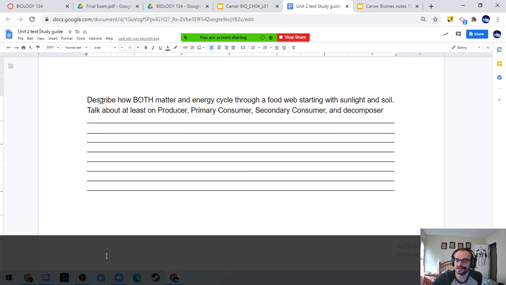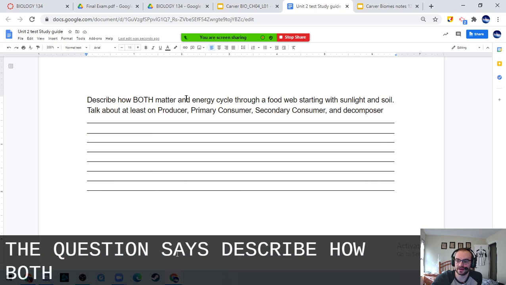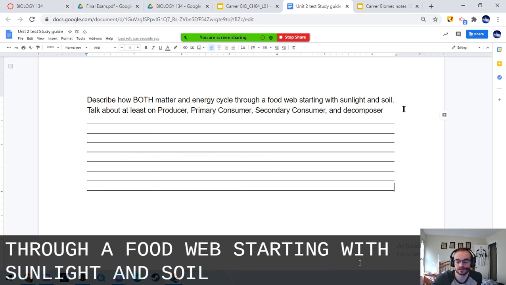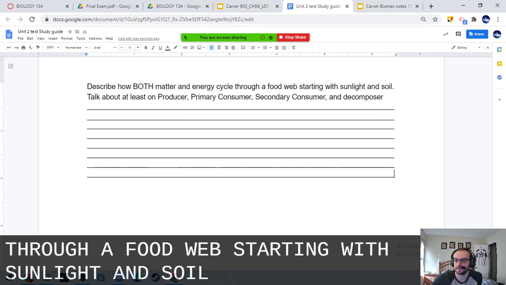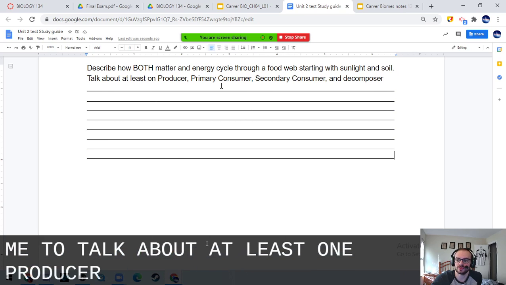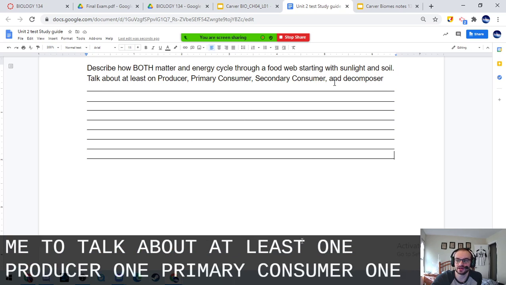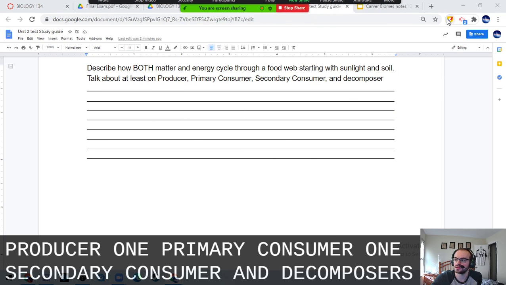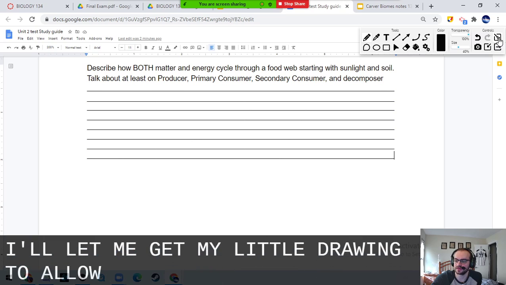So the question says describe how both matter and energy cycle through a food web, starting with sunlight and soil. So it wants me to talk about at least one producer, one primary consumer, one secondary consumer, and decomposers. Let me get my little drawing tool out.